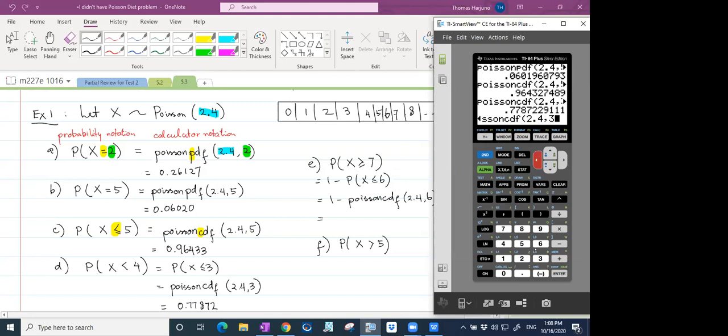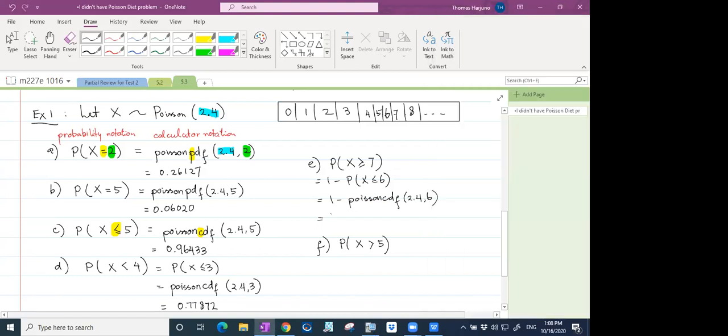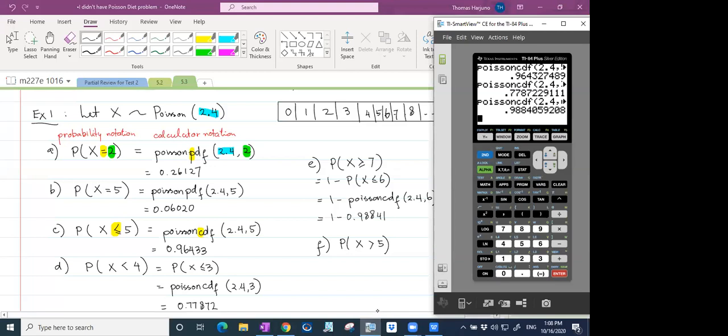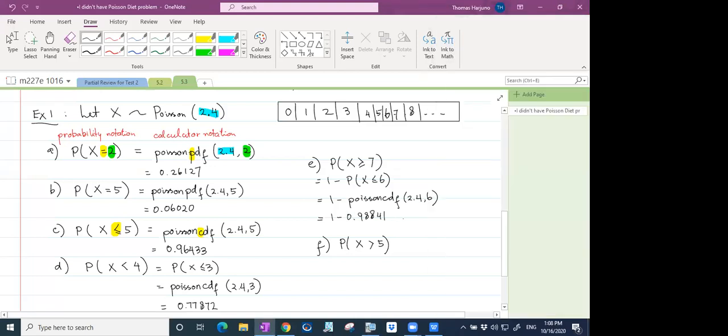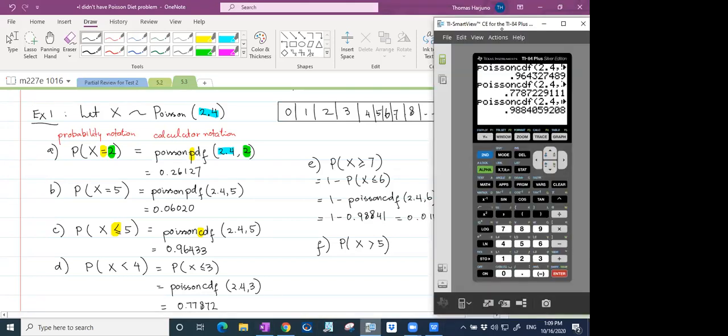I already have the 2.4, I changed this to 6. 0.98841. So this is 1 minus 0.98841, which will give me 0.01159. Oh, the probability is very small. It's less than 1%, around 1% probability.